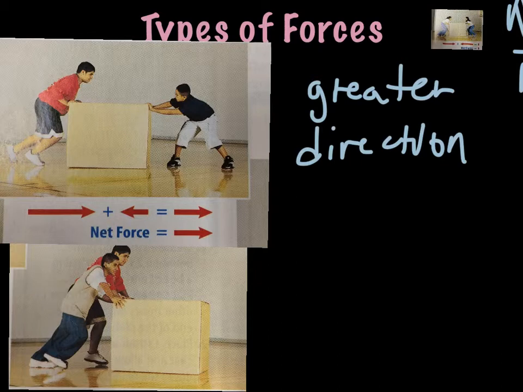For example, in tug of war, the team that pulls harder wins. In this picture, this person is pushing harder right here, so the box is going to move to the right. Letter C focuses on the bottom picture, and it says if 2 forces push in the same direction, the object moves with the force.